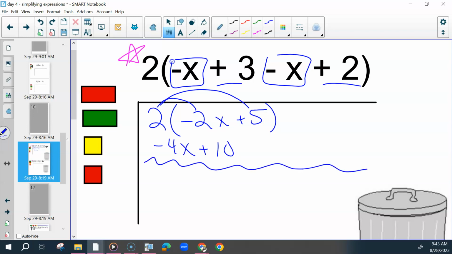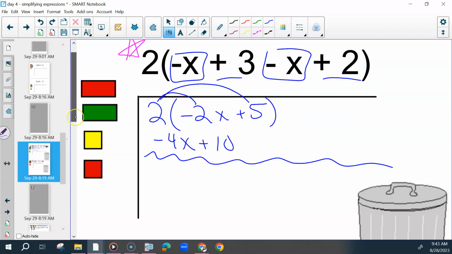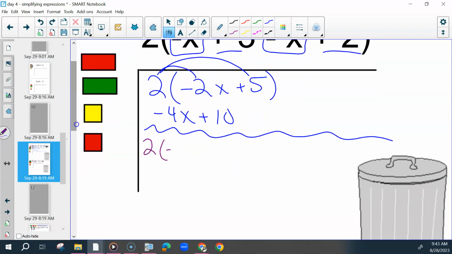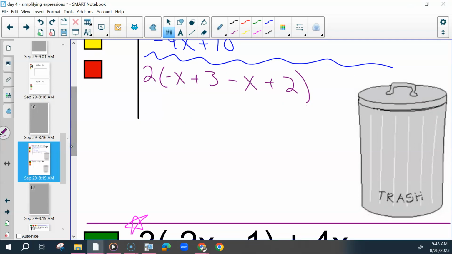Now we're going to do this again, but a little different. So let's say I forgot about order of operations, and I'm just thinking there's parentheses. I have to distribute. I'm going to rewrite it. So if I forgot about the order of operations and I just started distributing, I would need to distribute to every single thing in this.